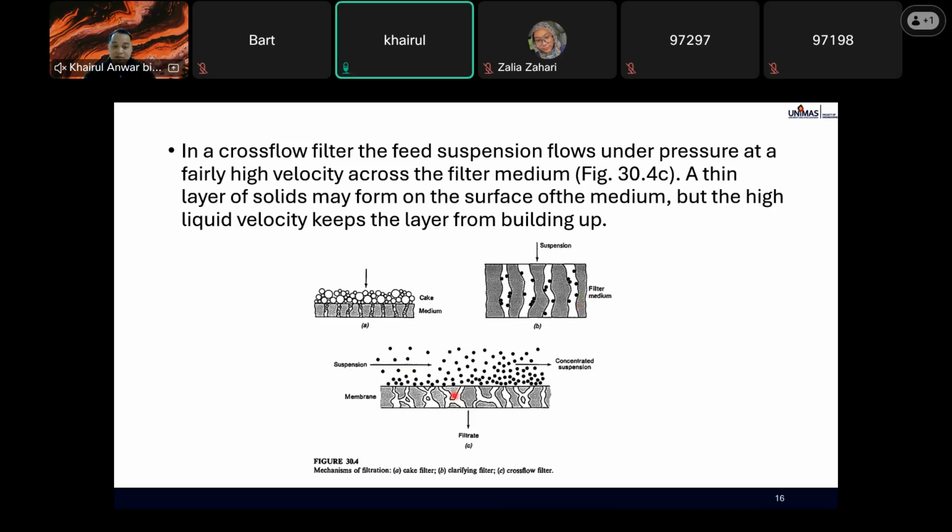The good thing about the cross flow filter is that the cake that forms on a normal filter will be there, but it's not as much as in the normal filter.